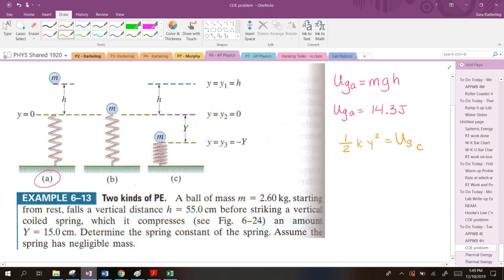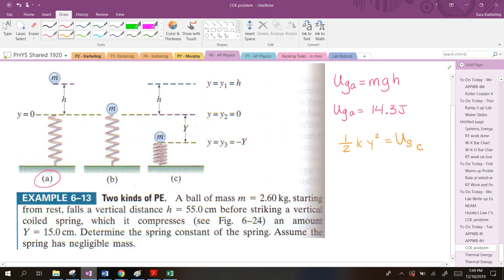And you're telling me that we're starting here and we're going down to y. So that's how much energy is stored in the spring due to the ball pushing down on the spring. Okay?